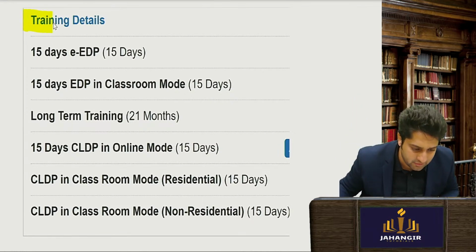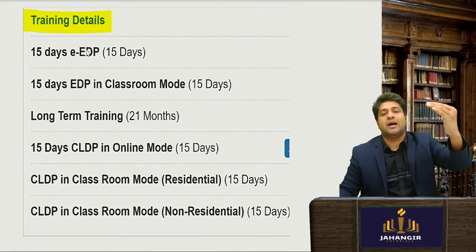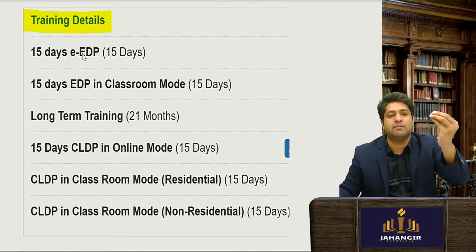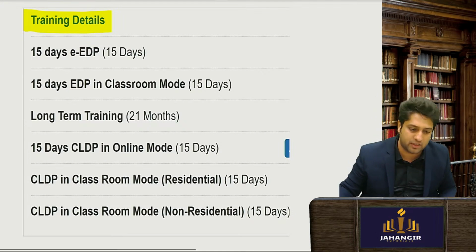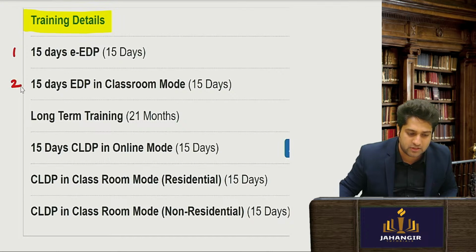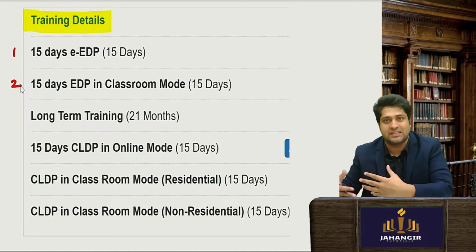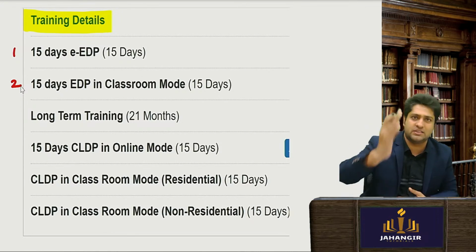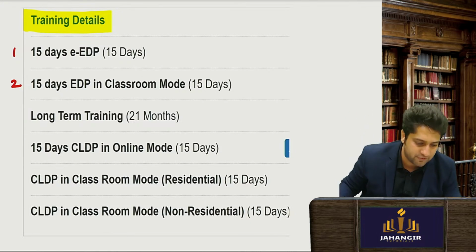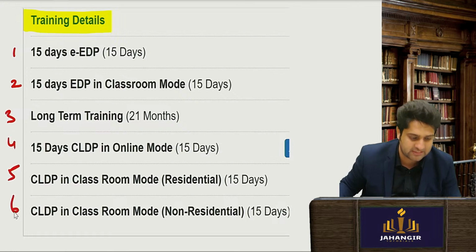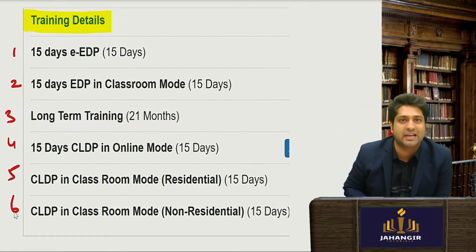What is there in the interface? They have beautifully placed how you need to complete it, chronologically. There is no second, third. When you're making a recipe, you can't do the last thing first, right? There is an order. Same way, this is the first, second, third, fourth, fifth, sixth.